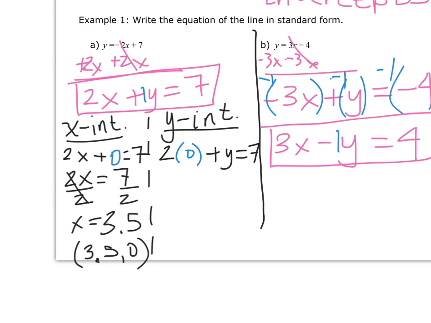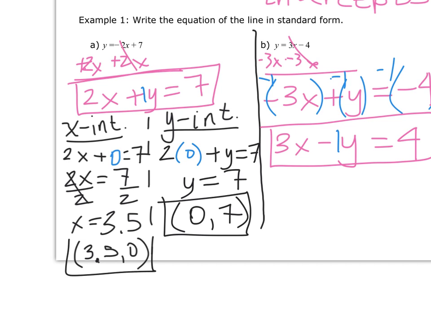So what's 2 times 0? 0. So I have y equals 7. So 7 is my y-intercept. So I have 0, comma 7 for my y-intercept.